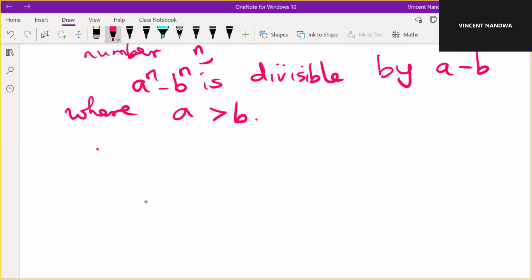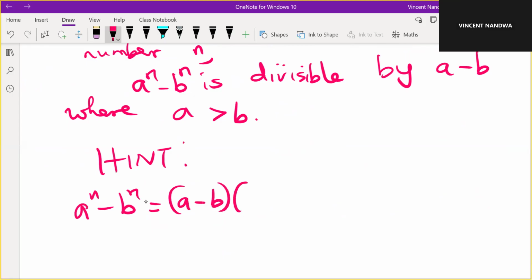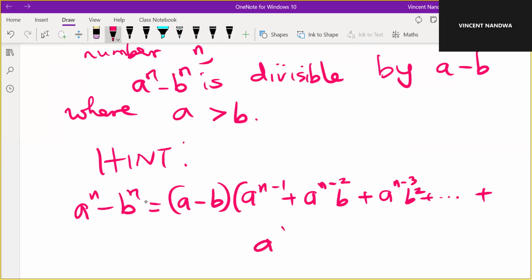So hint, recall that a power n minus b power n is a minus b into a power n minus 1 plus a power n minus 2 b plus a power n minus 3 b squared, all the way plus a b power n minus 2 plus b power n minus 1.